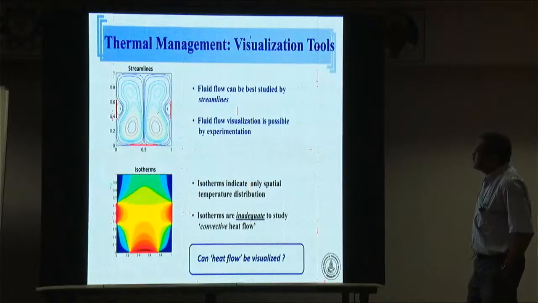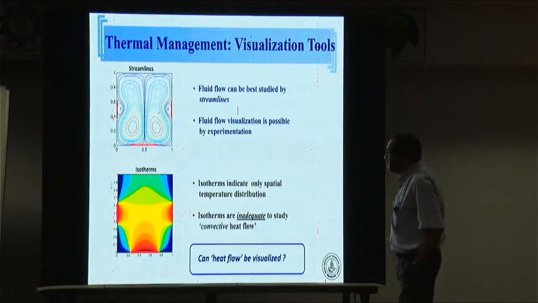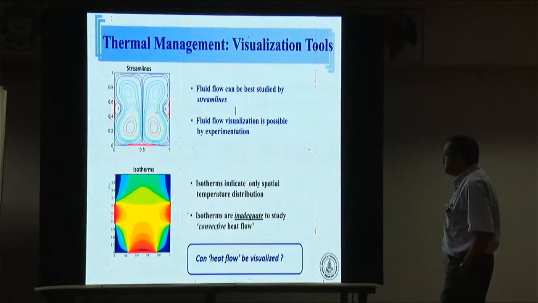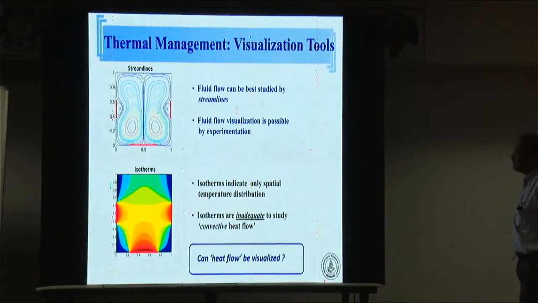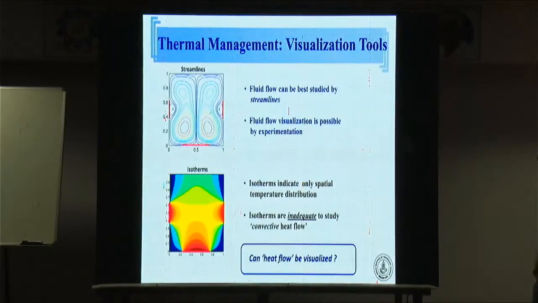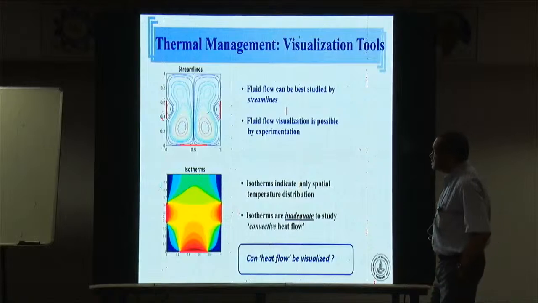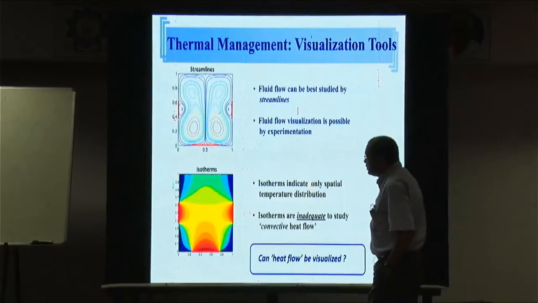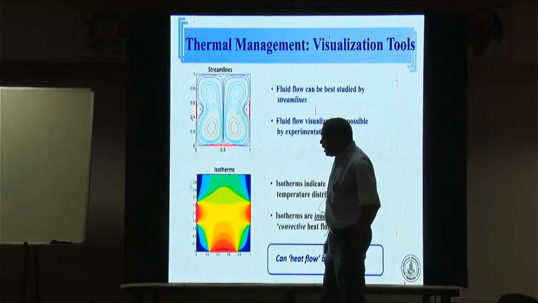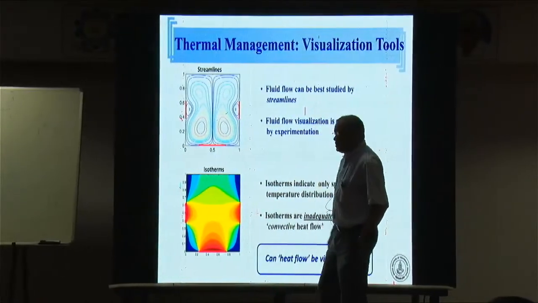So, thermal management visualization tools. Basically, there are two aspects I wanted to focus on here: heat lines and entropy generation minimization. Why heat lines? Because streamlines tell how the fluid flow is occurring, and isotherms show the temperature, but how is the energy distributed?